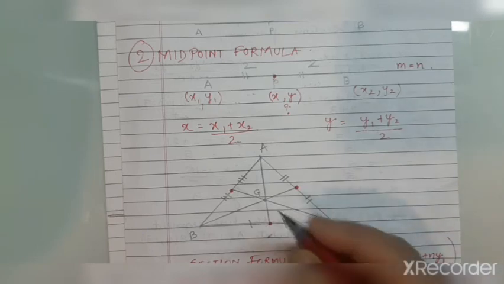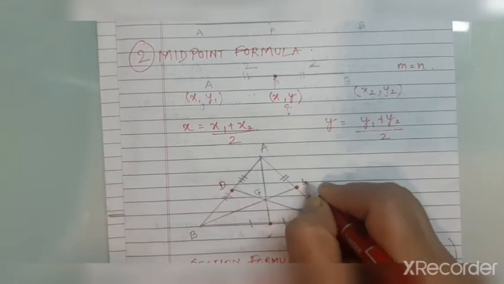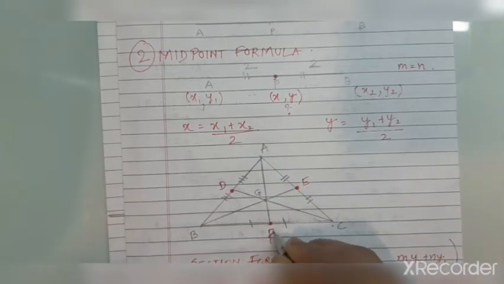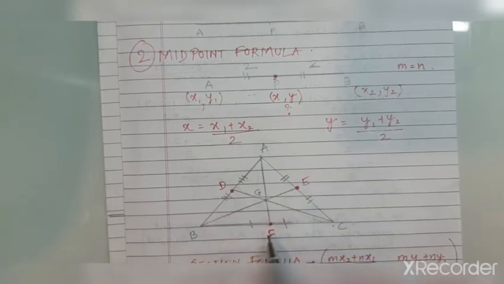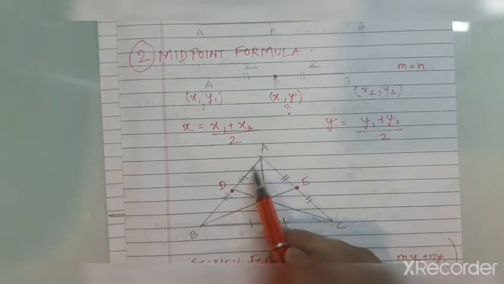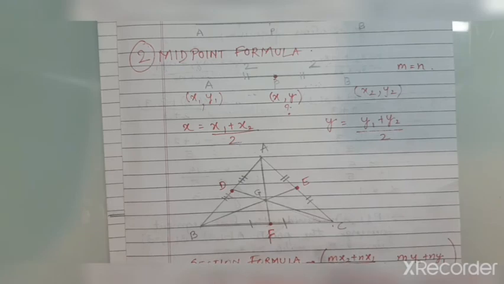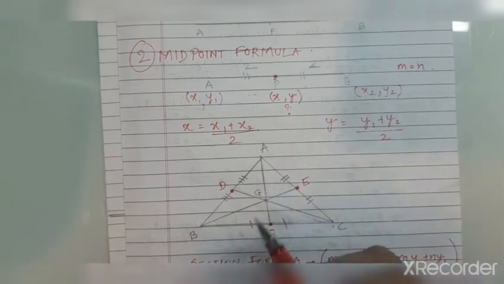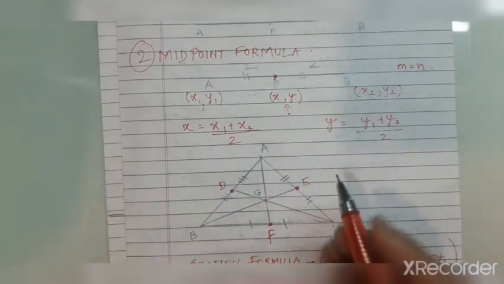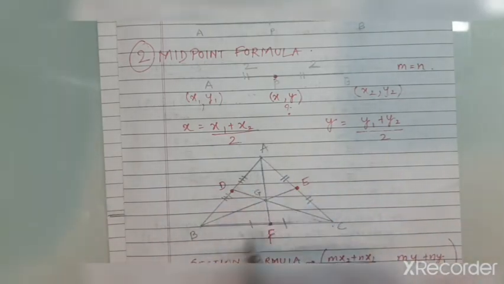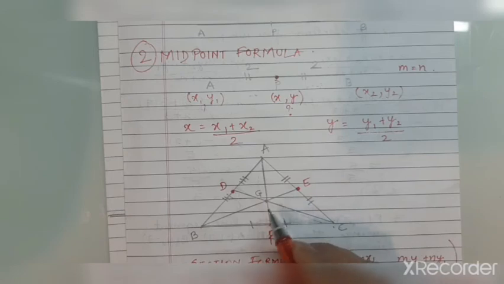Okay, now if I take this point as D, E, F. So point D, point E and point F. These are the midpoints of AB, AC and BC. Okay. Now, if they are the midpoints, if they are the medians, when the medians meet at a common point, it is a point of concurrence.